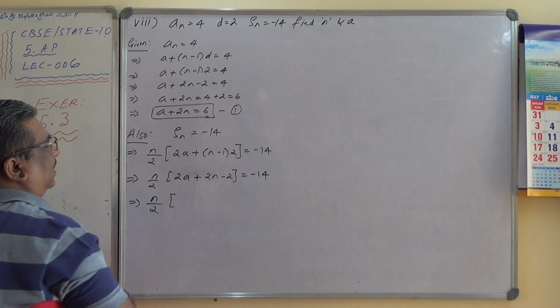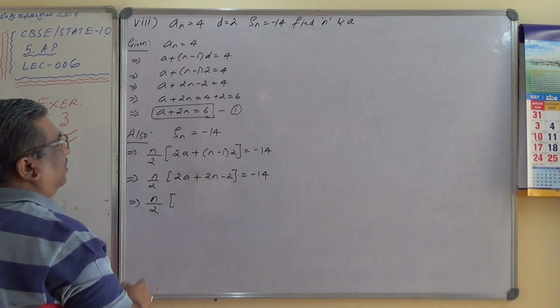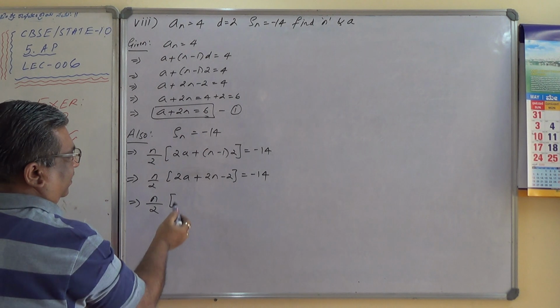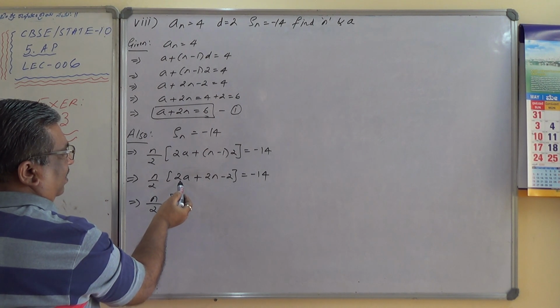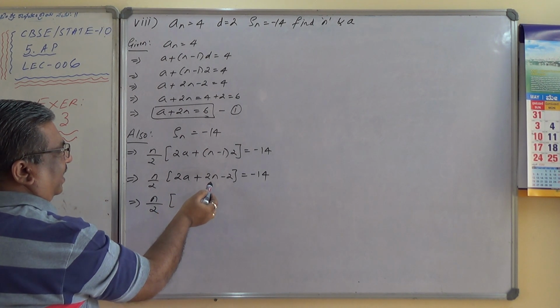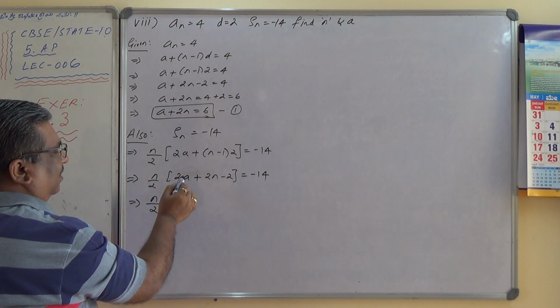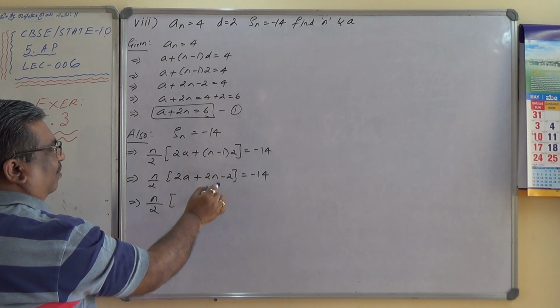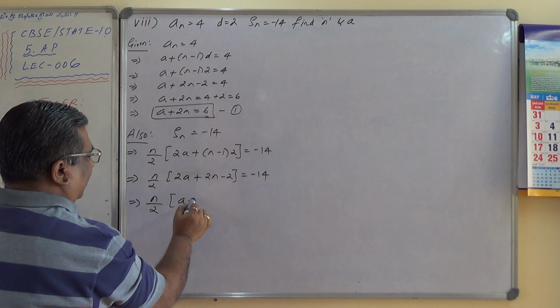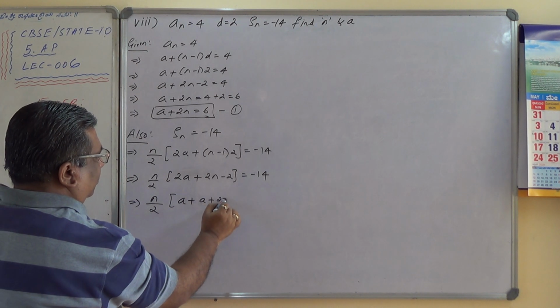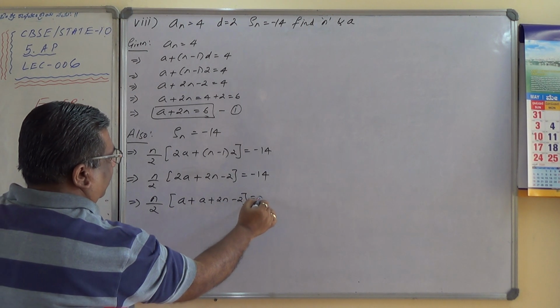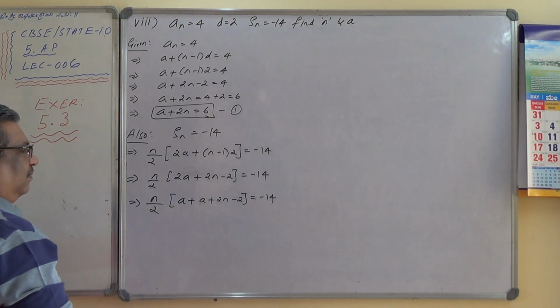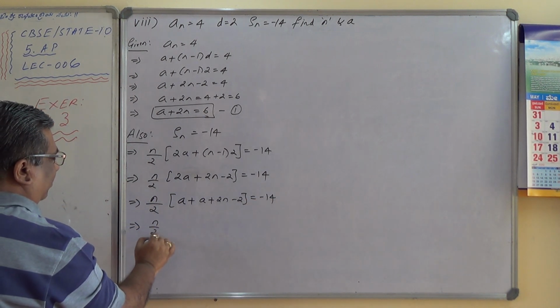Dear students, please listen. I am modifying a little bit here. I know a plus 2n is equal to 6 here. So can I make 2a plus 2n as a plus 2n minus 2? I'll write this. A plus 2n minus 2 equals minus 14 implies n by 2.